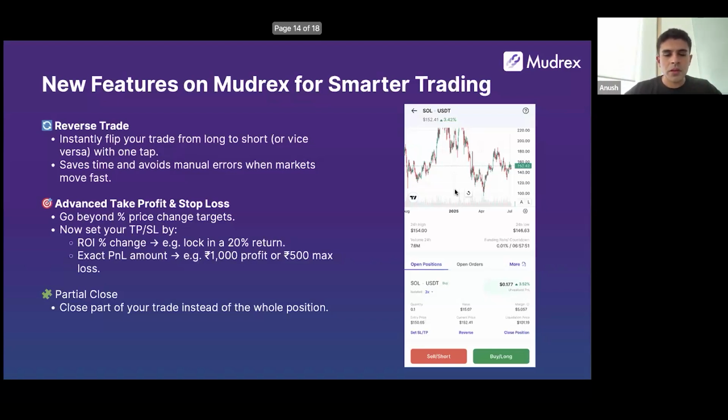So partial close is a huge feature. It's a fantastic feature for anyone who wants to trade much more strategically and flexibly as well. It's all about being able to adjust your position and exposure as the market moves, rather than being forced into an all or nothing sort of scenario. All right, cool.